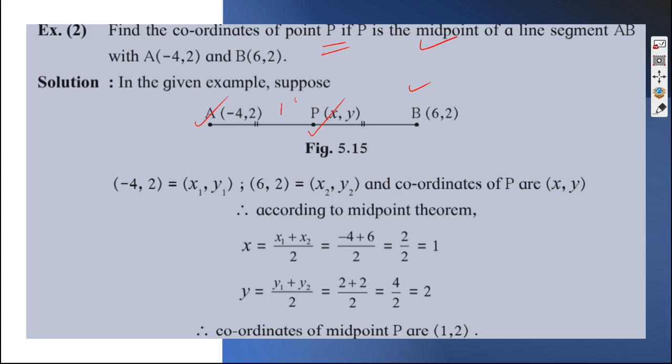So this is 1:1, like before. Now 1:1 means m plus n, this is m, this is n, in the formula. Here it is simple because it is a midpoint, x1 plus x2 upon 2. So there is no need for the formula also. Without the formula you can find it because it is a midpoint.